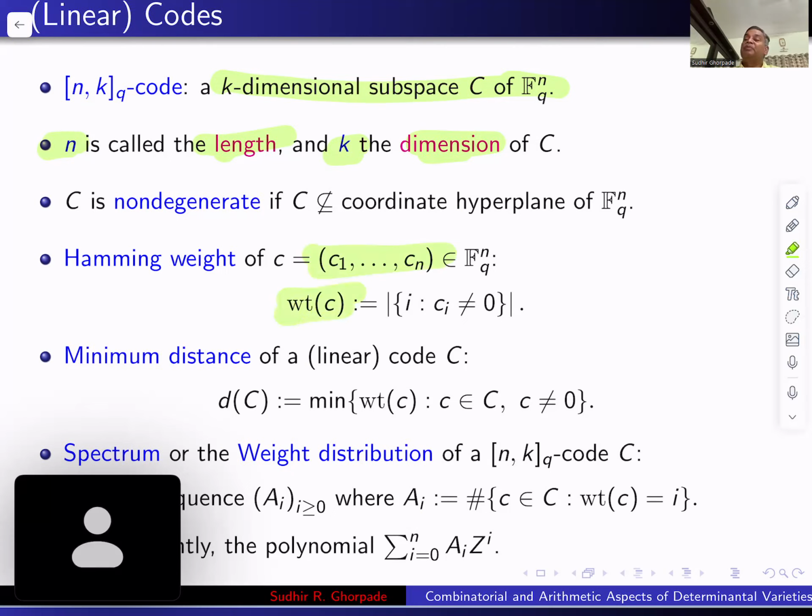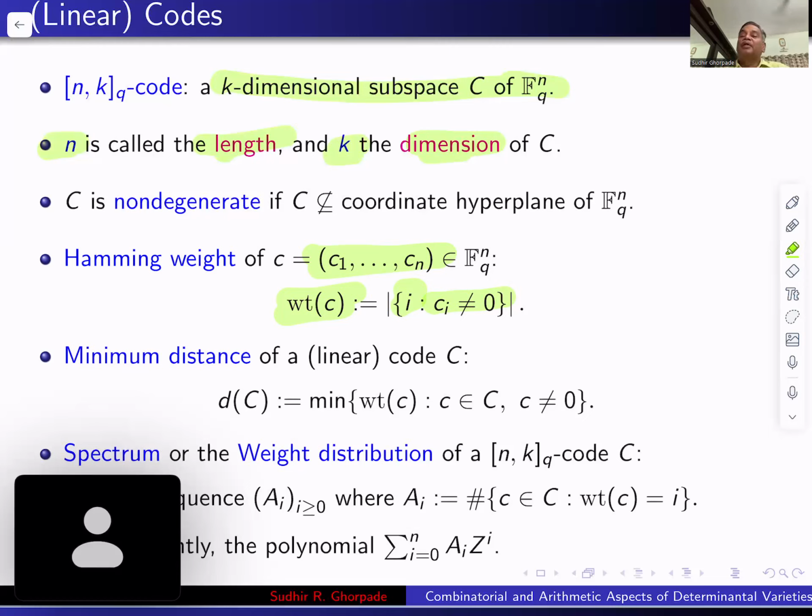The weight of an element is simply the number of positions i for which the ith coordinate is not zero. That's called the weight or the Hamming weight. And this gives rise to something like a norm. Then there is something called the Hamming distance between, let's say, C and C prime, which is just the weight of C minus C prime, or the number of positions i in which C and C prime differ.